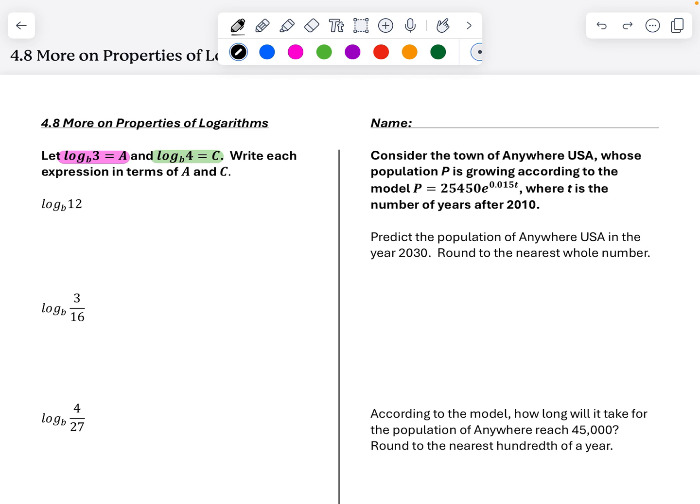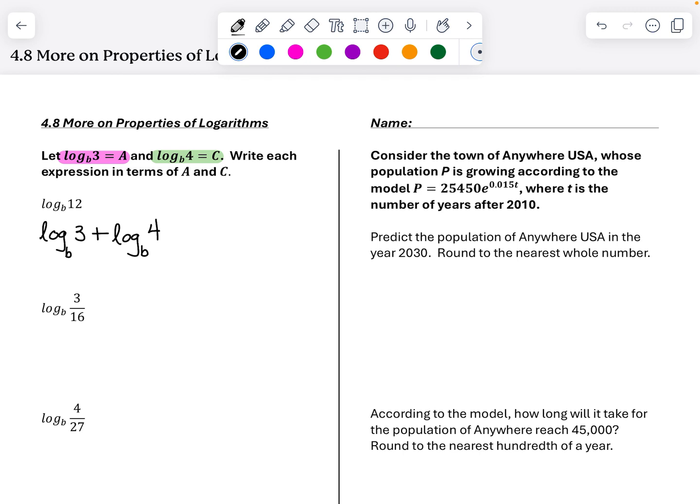Well, 3 times 4 is 12. So this could have been a logarithm base b of 3 and a log base b 4. And if it was those two logarithms, when you put those two logarithms together, 3 times 4 is 12.